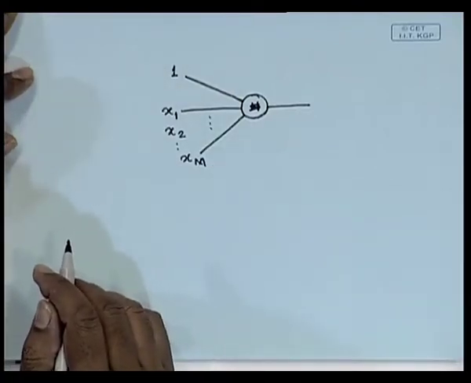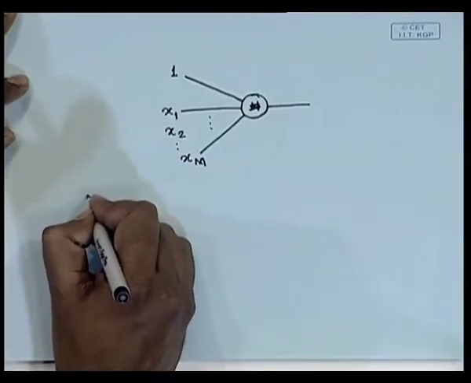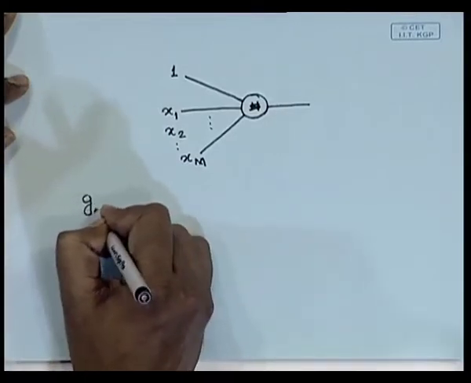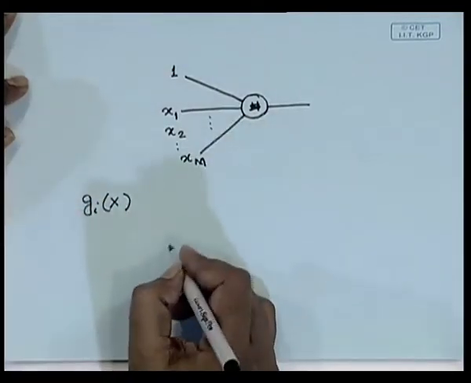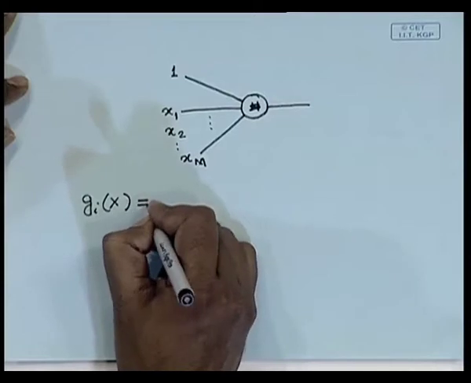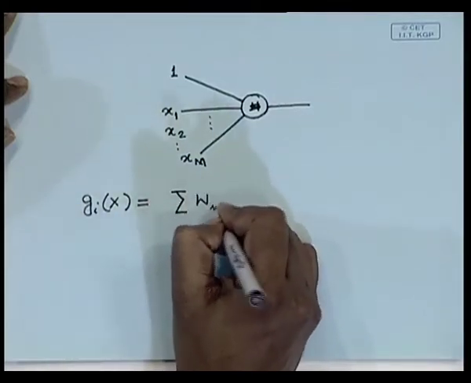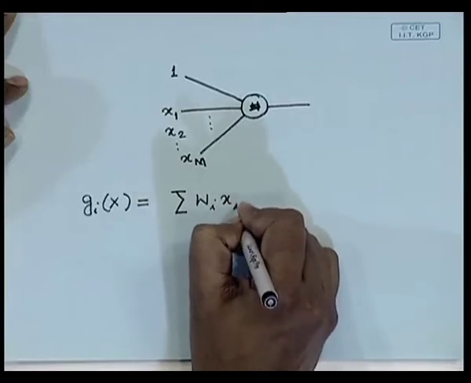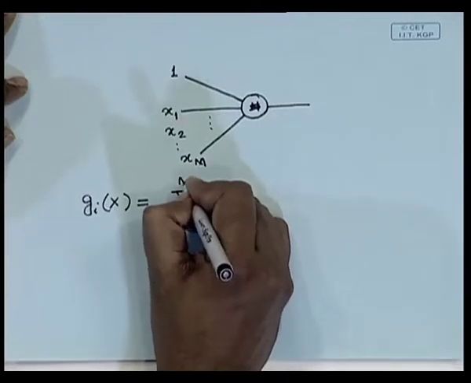And here my g of x, what this node computes is simply summation of w i x i, i varying from 0 to m.